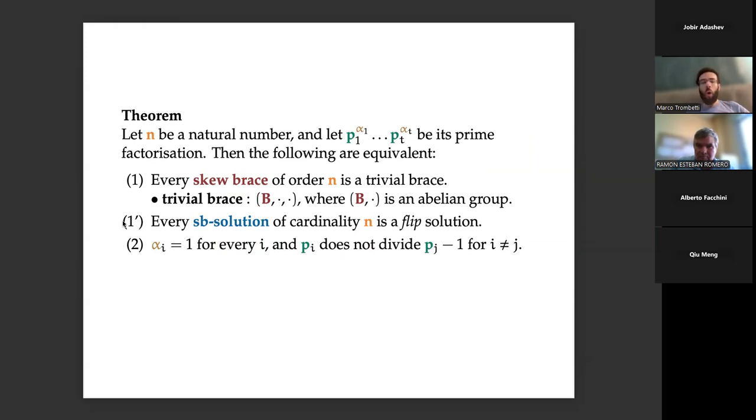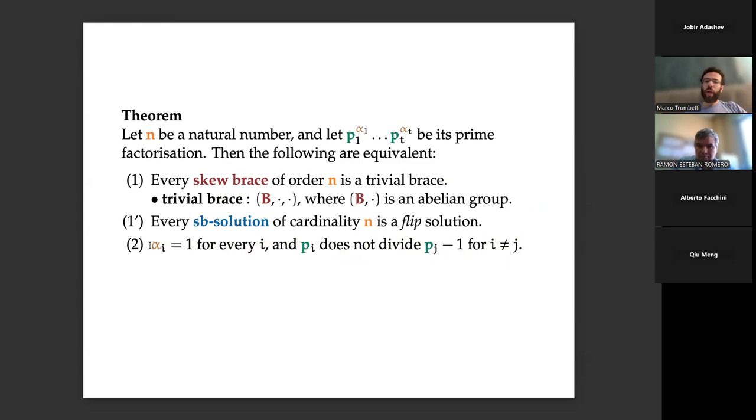All solutions that come from the skew brace world of a given cardinality must be flip if and only if that cardinality satisfies this requirement here.